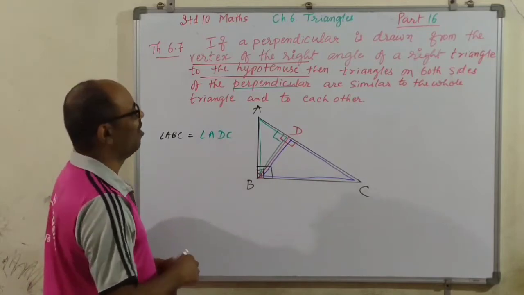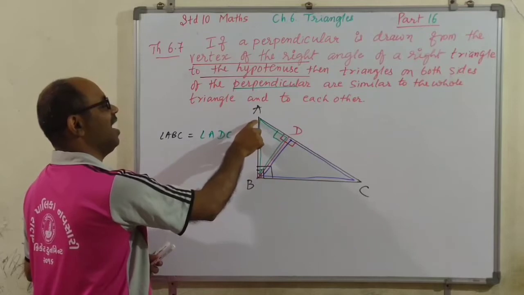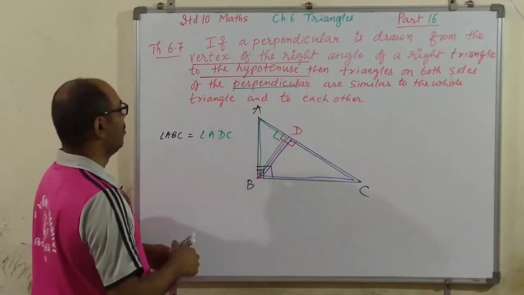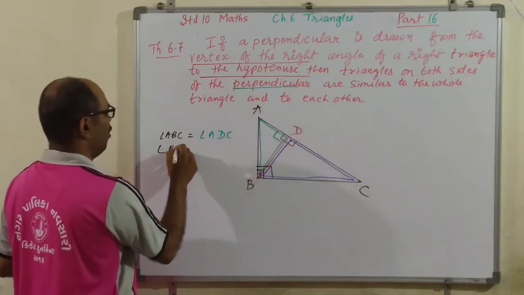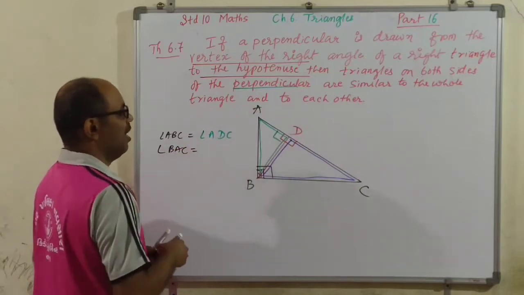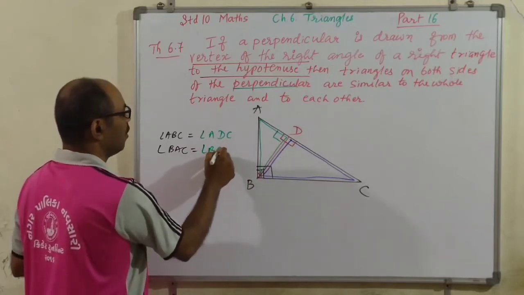And one angle is common, which is the common angle. You can see green A and black A. So angle BAC of black is equal to angle BAD of green.